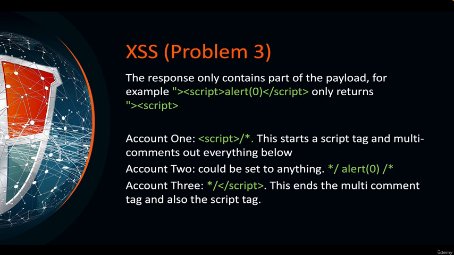The first account, or the first time, would be a script and then /*. That means everything after the script tag will be a multi-line comment in JavaScript, so it will be ignored. Then you go to account 2 or your second post, and you put a */. That means the comment is finished now, so the code will be read as alert 0 again.